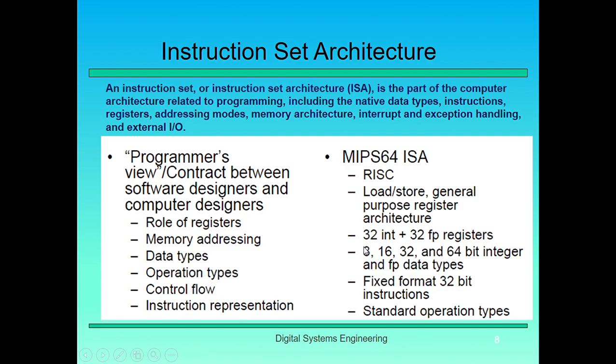It has 32 integer plus 32 floating point registers. It has different types like 8 bit, 16 bit, 32 bit, and 64 bit integers and floating point data types. This is basically a 32 bit instruction set architecture.